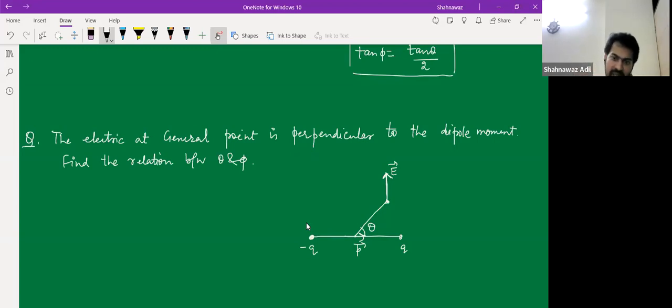Yes, Feza, did you understand this question? So find the relation between theta and phi and also the value of theta, for what value of theta this electric field will be perpendicular at the general point.